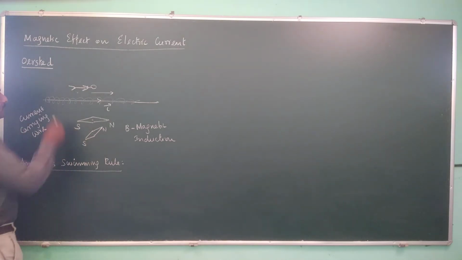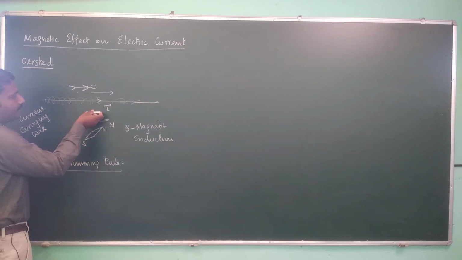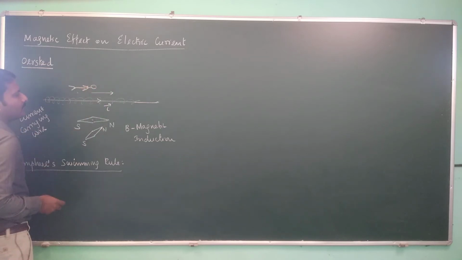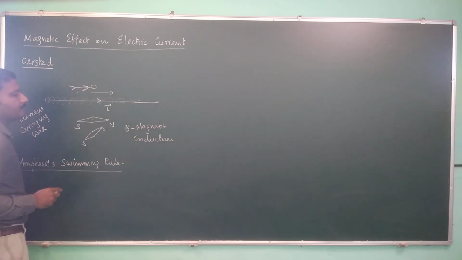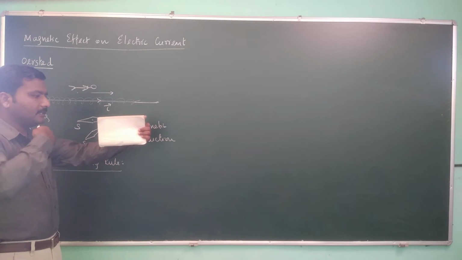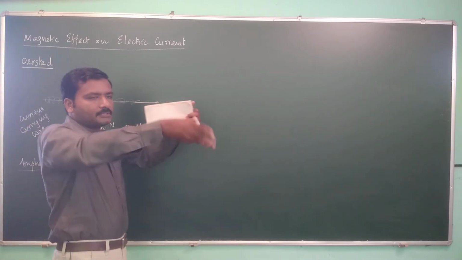The pivoted magnetic needle is placed on one side, and the person who is swimming along the direction of the current is on the other side, looking at this needle. So this is the needle and this is the person, and in the middle the current carrying wire is there.